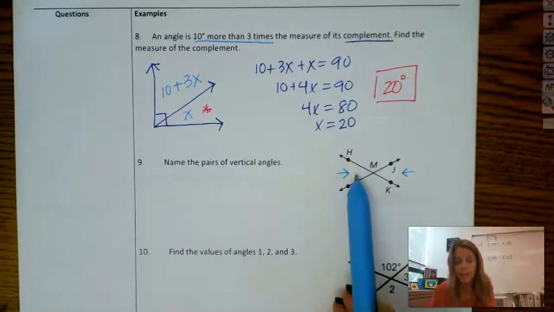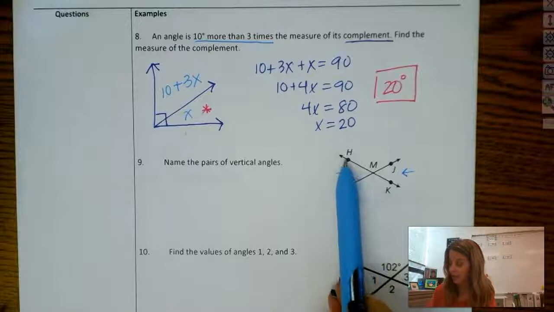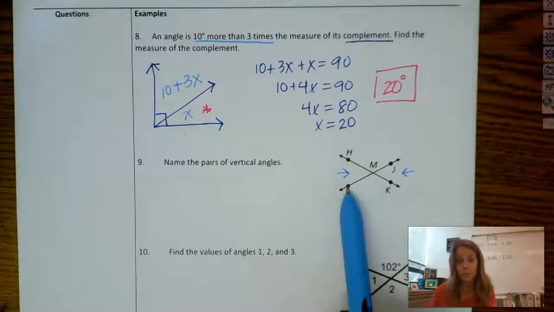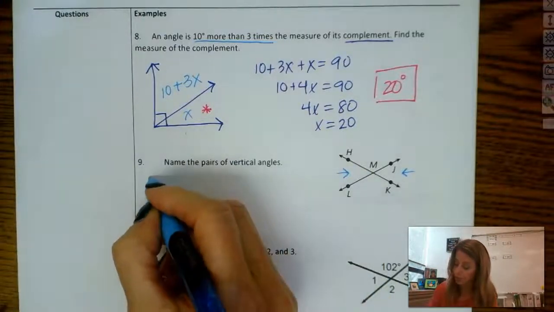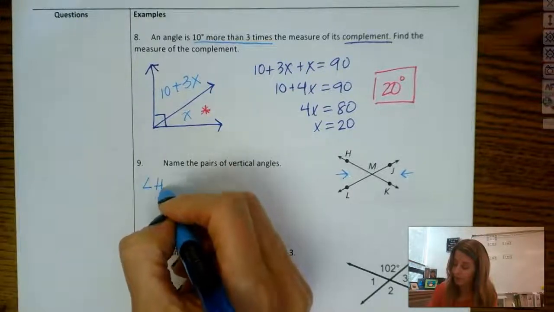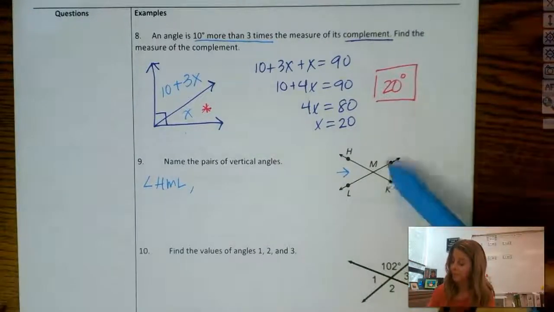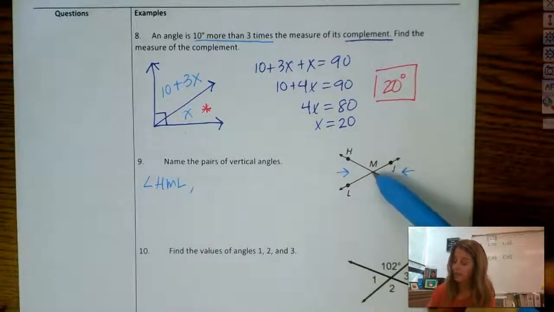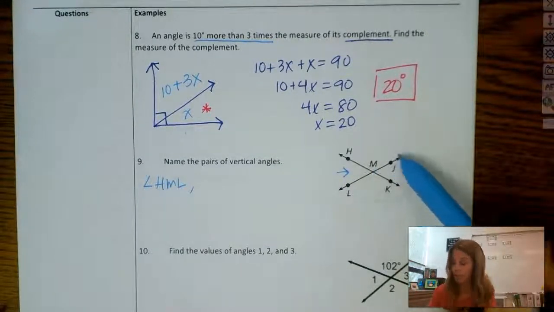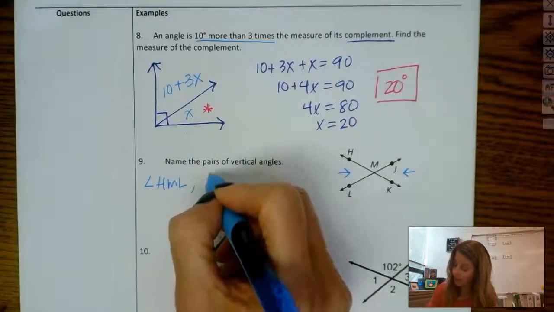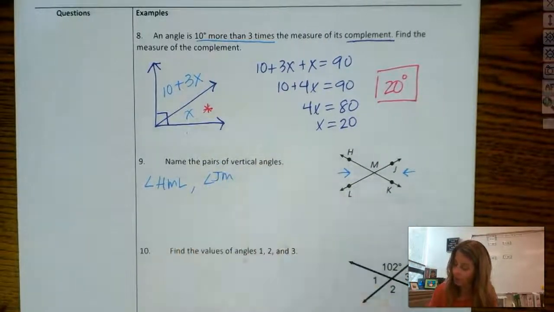I'm going to name the angle on the left. I can call it HML, or you could go LMH. So use your angle symbol, HML, and I'll just do a comma to show it goes with the other. The other side, I could say JMK or KMJ. So I'll just say angle JMK.